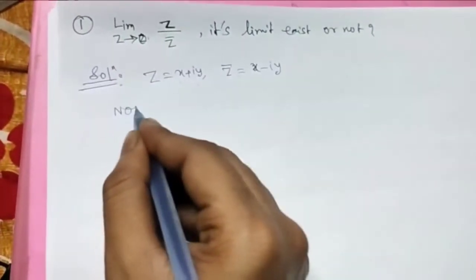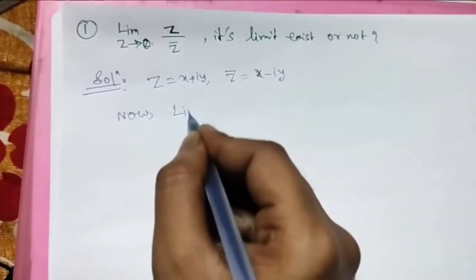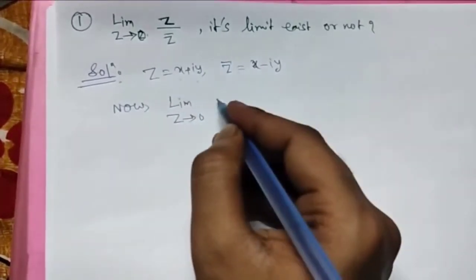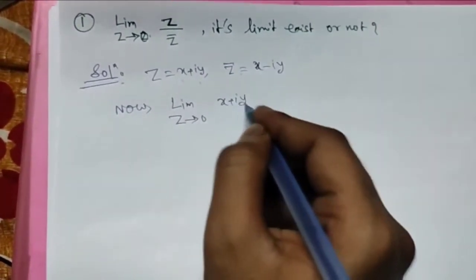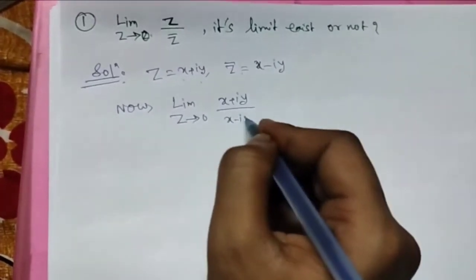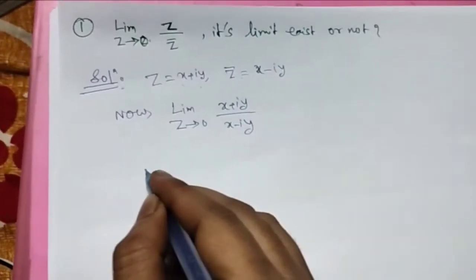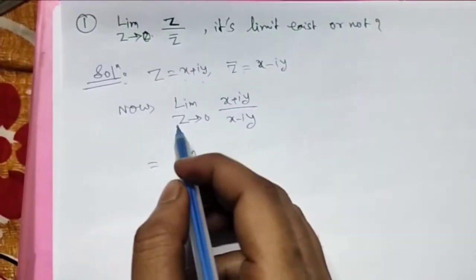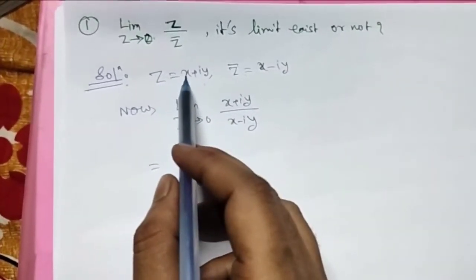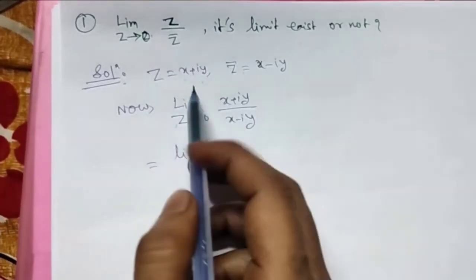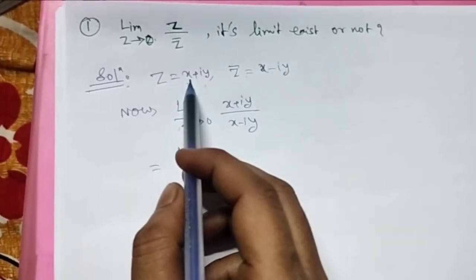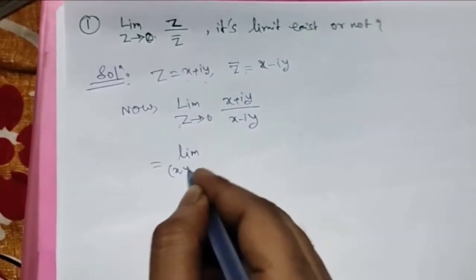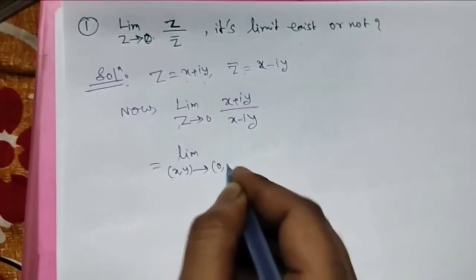Now limit z tends to 0 of x plus iy by x minus iy. So this is a function of x and y, and z is the combination of x and y. So x comma y tends to (0, 0).